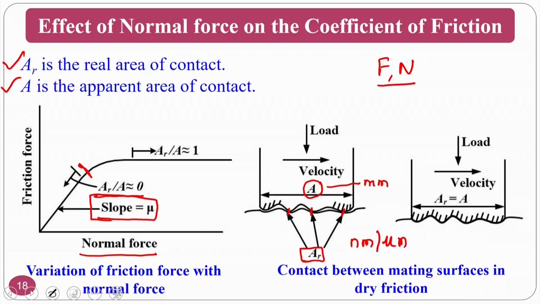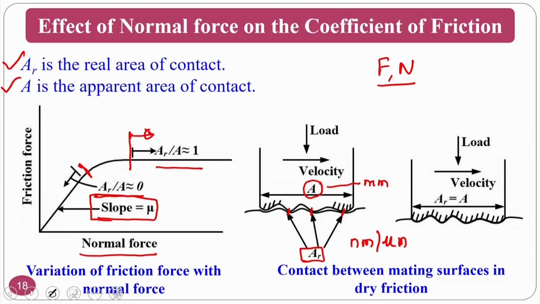But if you see the other region, if my real area of contact is equivalent to the apparent area, then the relation is 1. Okay. In this region normally it is 1, because the contact area is the same.